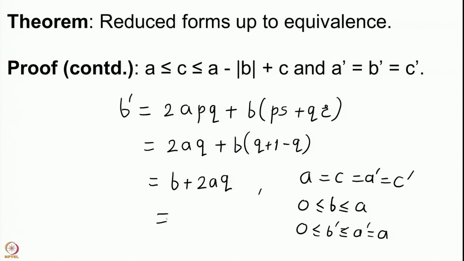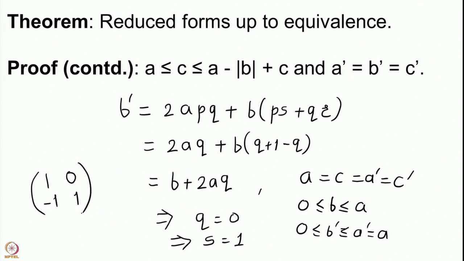So this again forces Q to be 0, S is 1, and our allowed matrix then becomes 1, 0, minus 1, 1. This change of variables is x going to x, y going to minus x plus y.